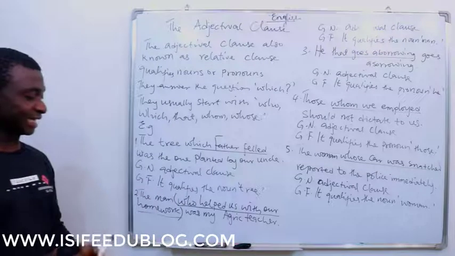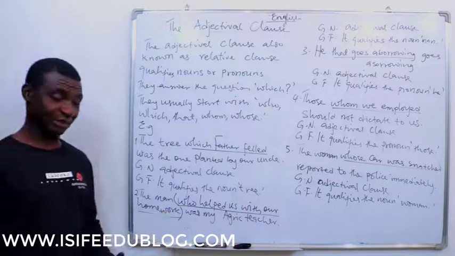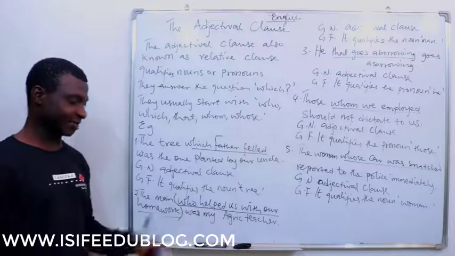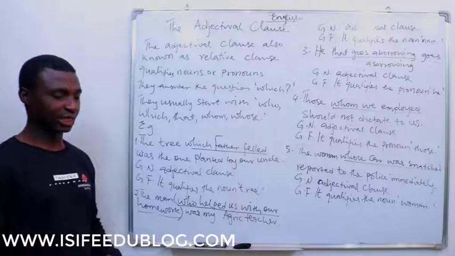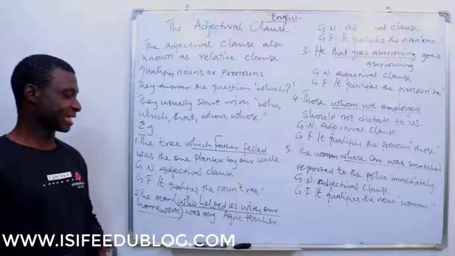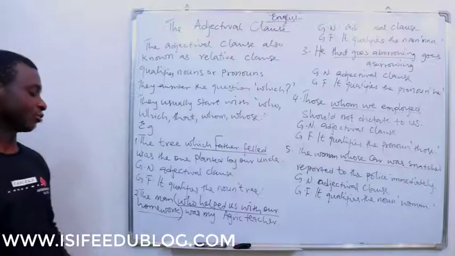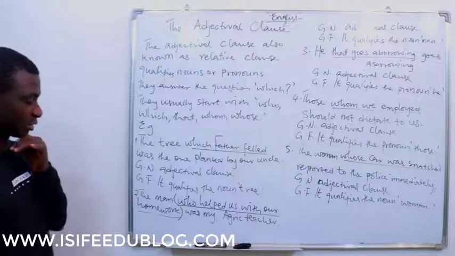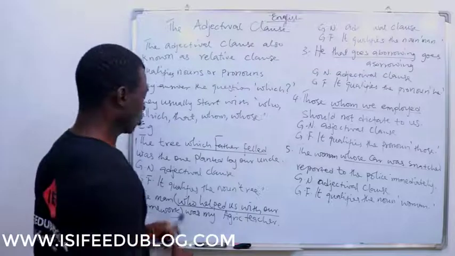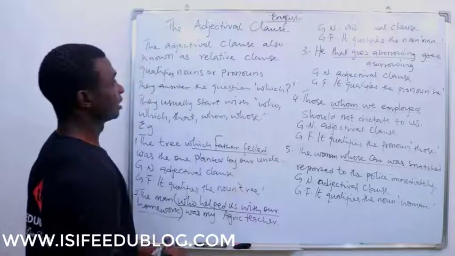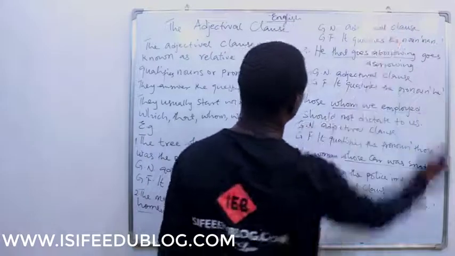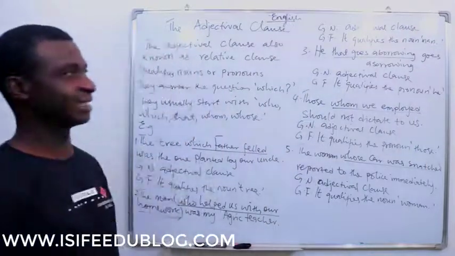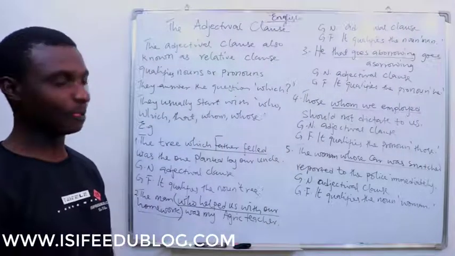But to avoid my listener asking me, which man are you talking about? I had defined the man. Right? That man that helped us with our homework. So, who helped us with our homework is an adjectival clause. It qualifies the noun man.